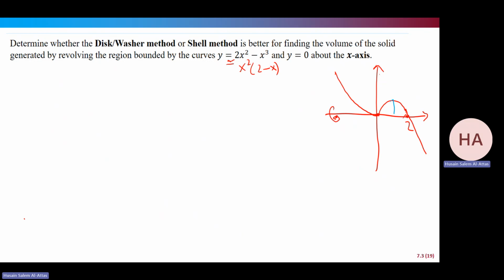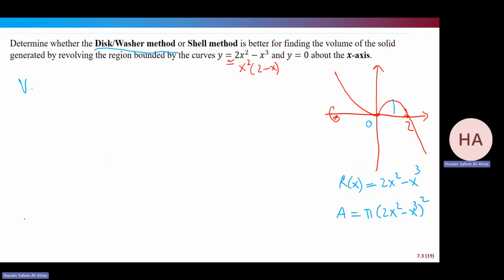That means I need the disk washer method. And it's very easy. I have r of x will be the function minus 0. And the area will be pi times r of x squared. And from where to where? From 0 to 2. Very clear.